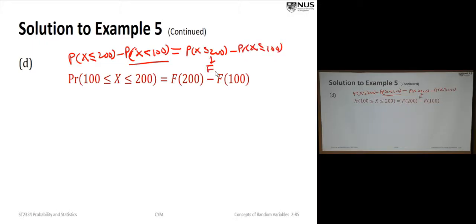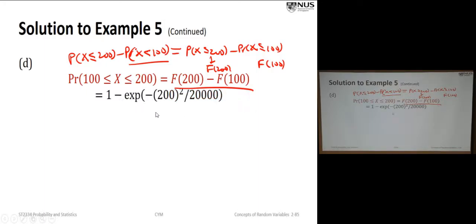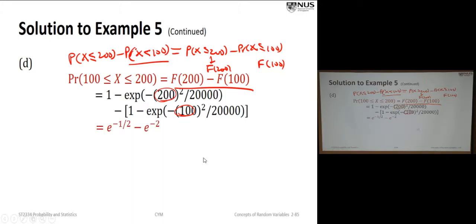This is my F(200) and this is my F(100). And what is capital F? From part C we have already done it. So I just substitute, replace the x by 200, replace the x by 100, and then I get the answer. So the answer is 0.4712.